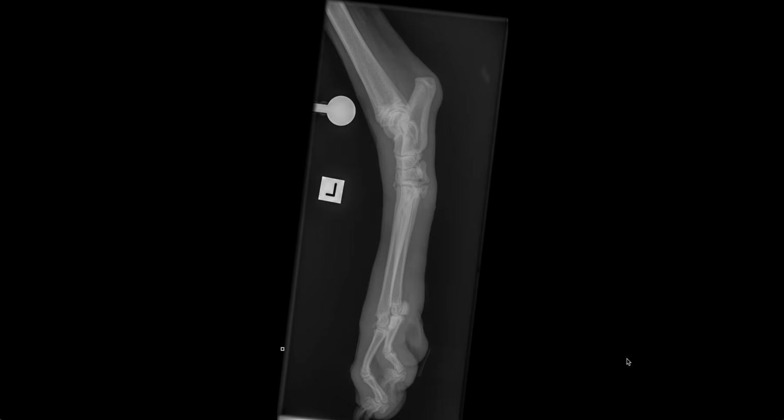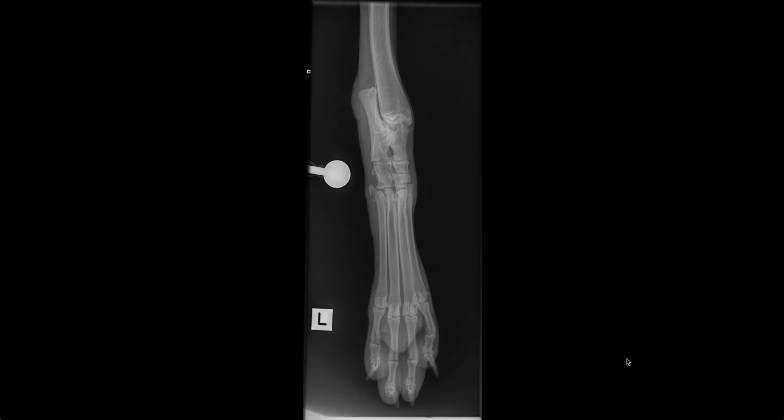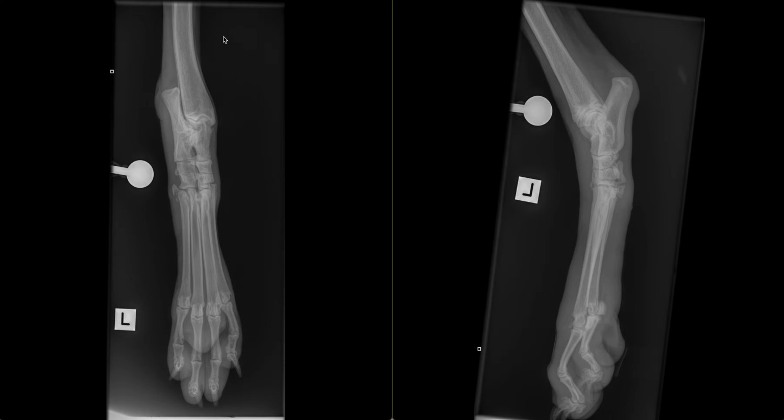We're going to begin with the medial lateral and dorsoplantar views. Initially, we observed the soft tissues surrounding the entire left tarsus are increased in volume, and especially along the left lateral side.